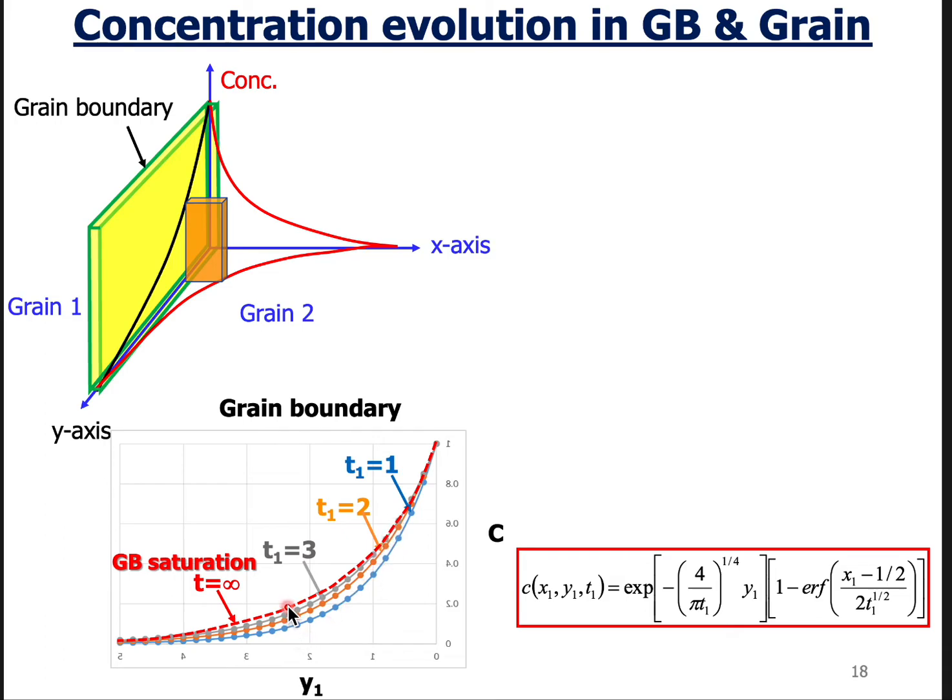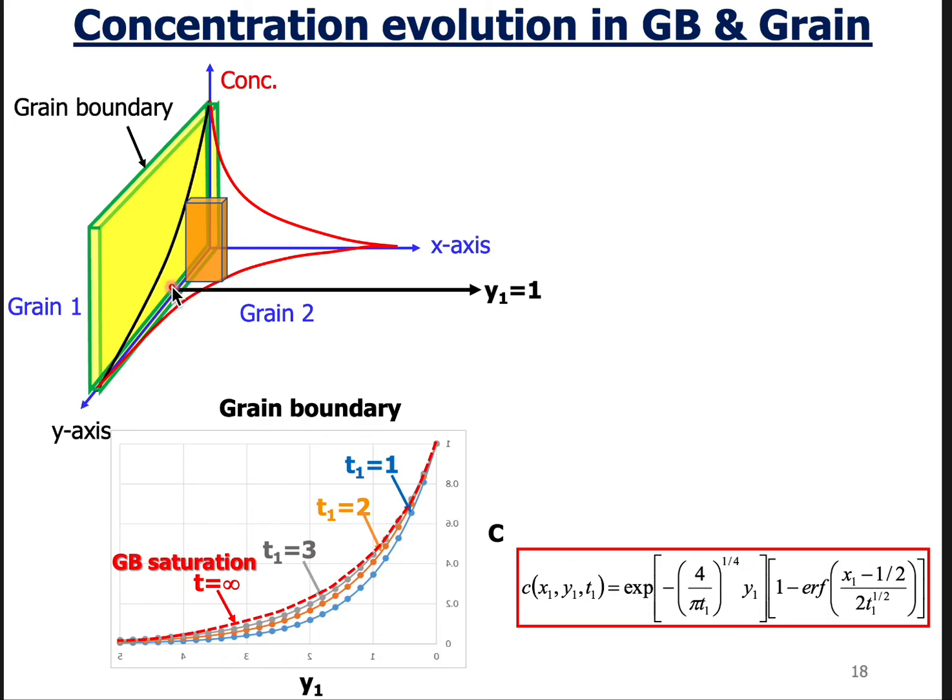So the assumption we just made is to consider the diffusion profile Cb does not change with time. Actually, it looks real because dB is quite large. Diffusivity along the grain boundary is quite large compared to diffusivity inside the grain, and this is exponential decay along the grain boundary.